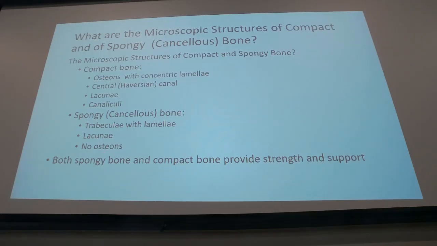So we don't have the central canal there. We don't have the concentric lamellae. We don't have canaliculi. And both of them, no matter if it's spongy or compact, provide structure, support, and strength to the bones.